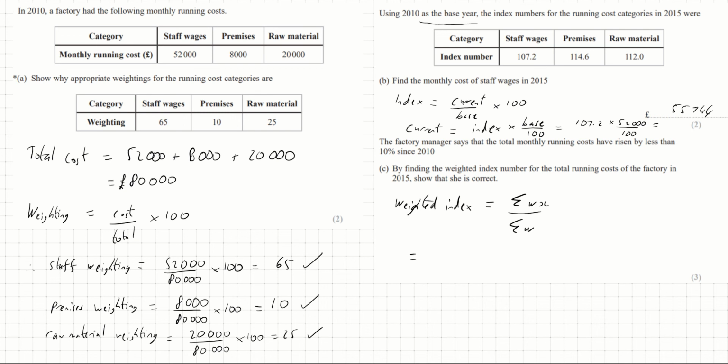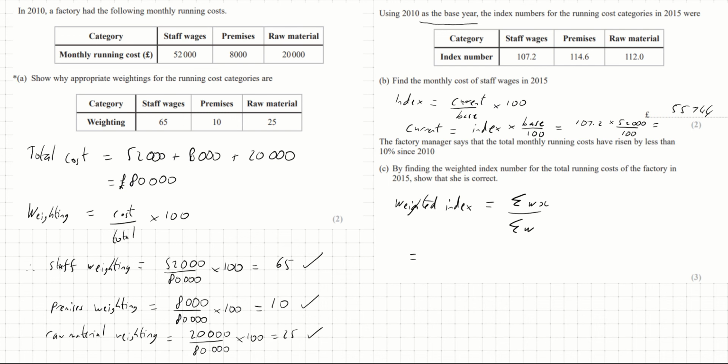So all we have to do is multiply the weights by the index numbers and divide by the sum of the weights.